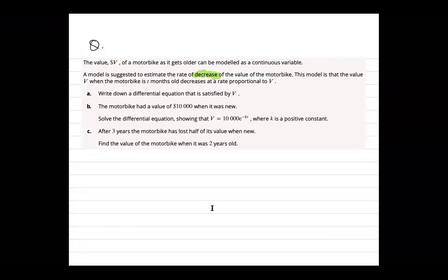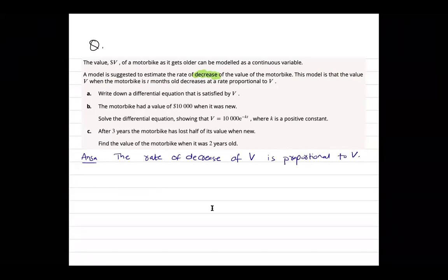The question says that the rate of decrease of V is proportional to the value of V. Now, how can I convert this statement to an equation?